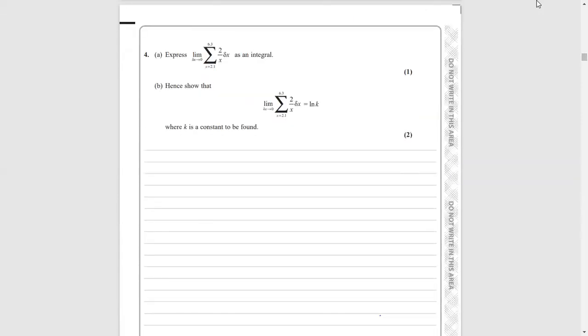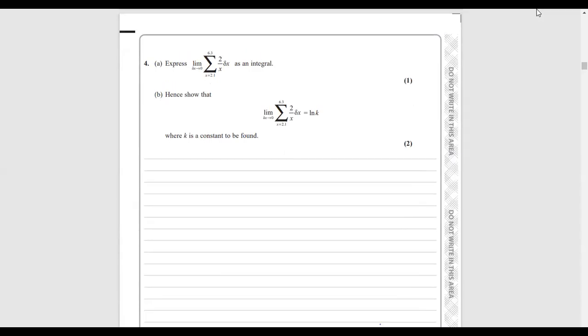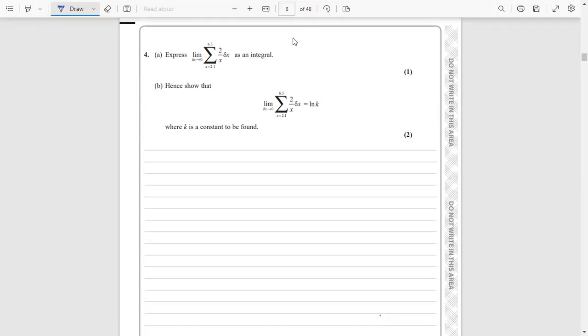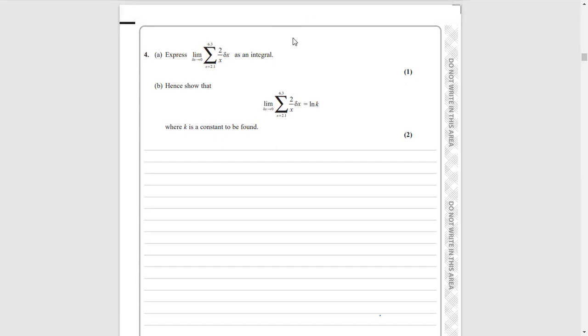So the first part of the question says, express the limit as delta x goes to 0 of the sum of 2 over x times delta x between x equals 2.1 up to 6.3. The key thing we need to remember here is that the limit of a sum is the same as the integral. So the integral of a function is basically the sum of the products of a small change in x, which we normally call dx or delta x, multiplied by the function.